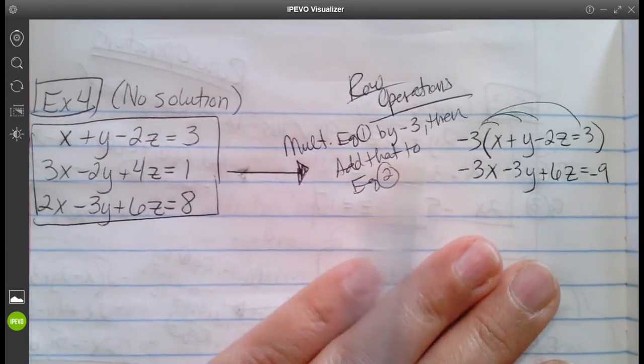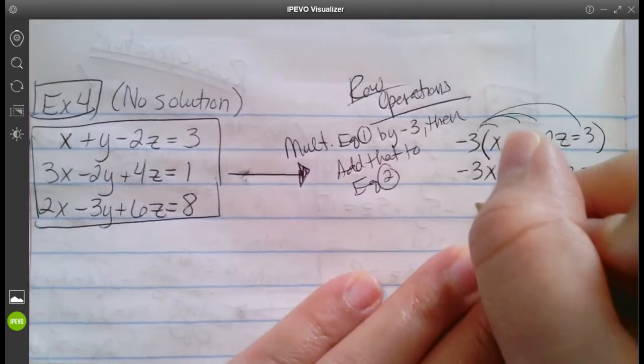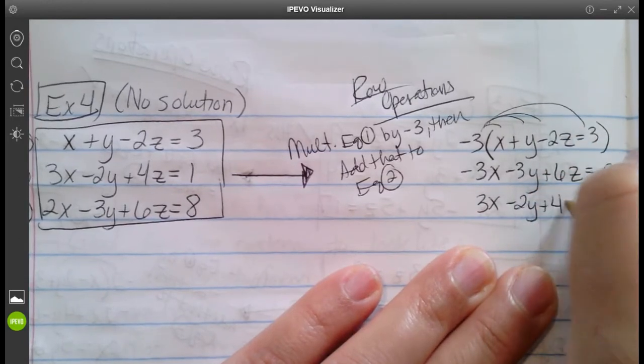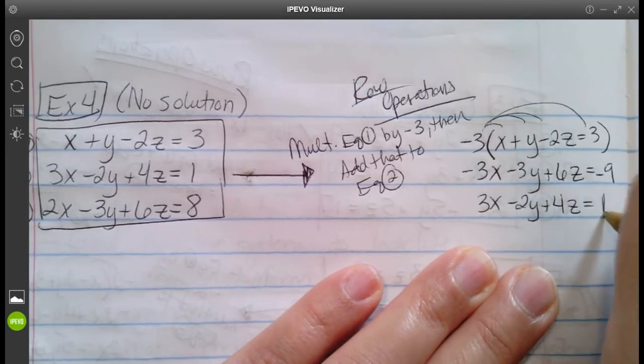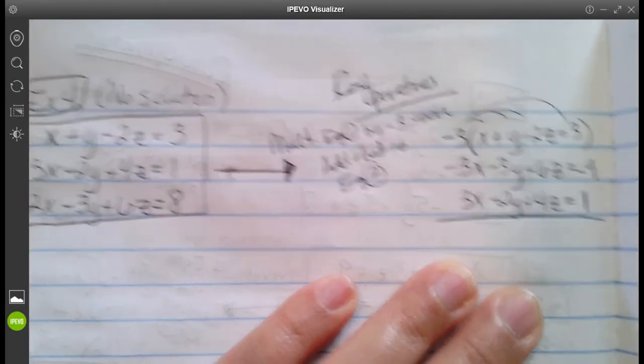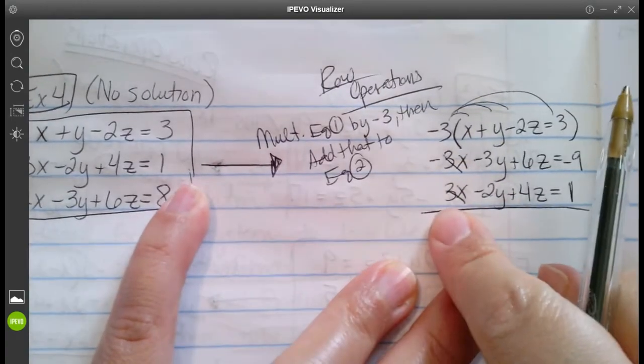Now I'm going to add this one to equation 2. Let me bring equation 2 over here: 3x minus 2y plus 4z is equal to 1. Let's add these two up, which is going to give us that 0 that we wanted right here.